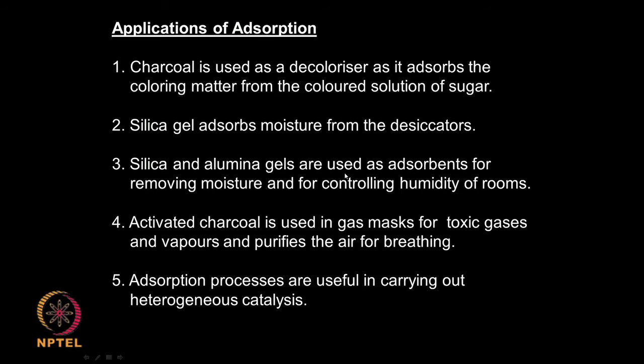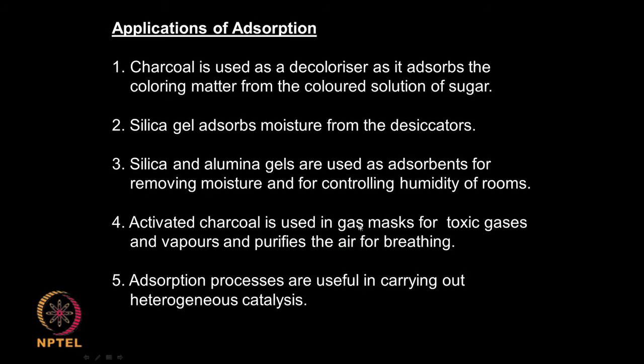So, where do you use this type of adsorption? Charcoal, for example, is used for decolorizing, like I mentioned, especially when you want to remove some color from a liquid; charcoal is a very good adsorbent. Silica gel can absorb moisture, so it is used in desiccators. Silica alumina gels are used as adsorbents for controlling humidity of rooms.